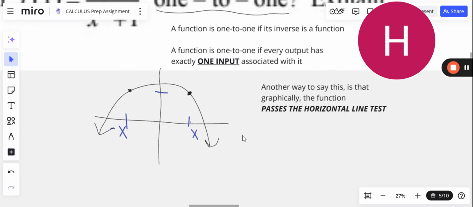There are several ways to say it, but you can also say every y value only has one x value that goes with it. As you can see, whatever y value this is, it has two x values that go with it. So that's how you can use the horizontal line test.